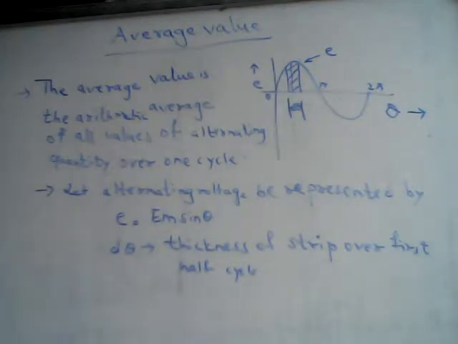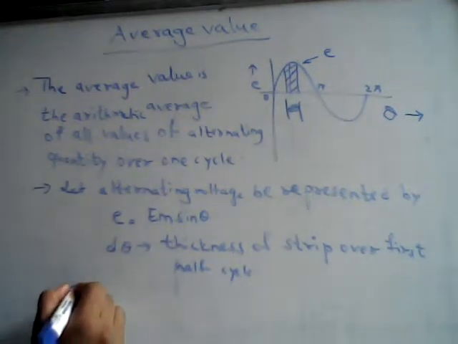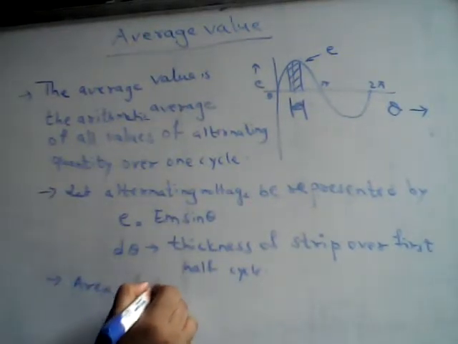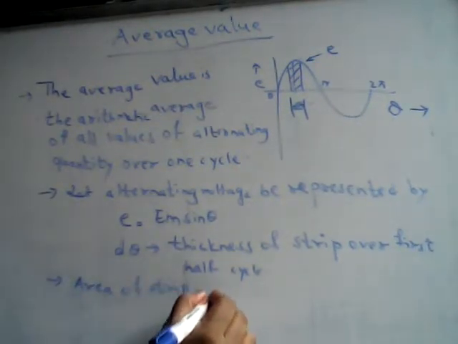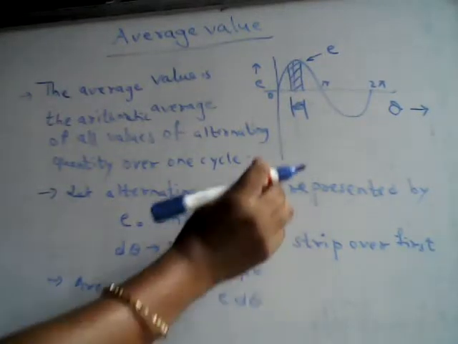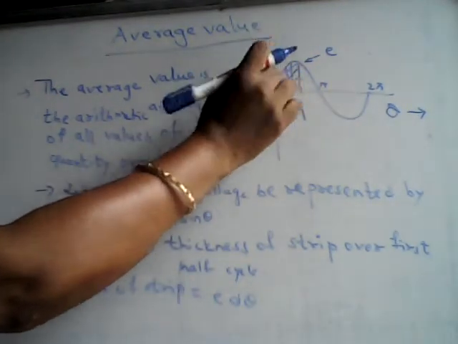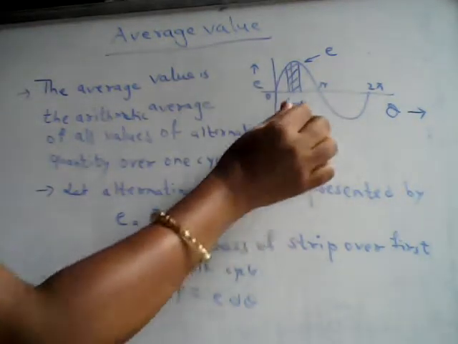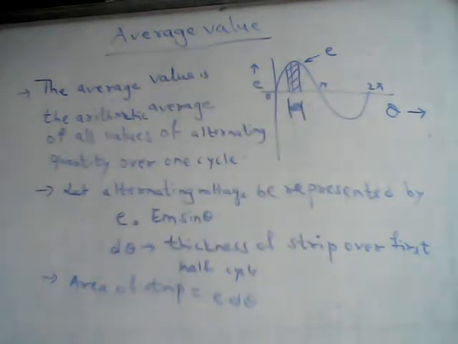So the area of the strip we can find, and it is given by E into d theta. We know that this is the voltage E, multiplied with the thickness, that is nothing but d theta. Now this is what is the area of the strip.